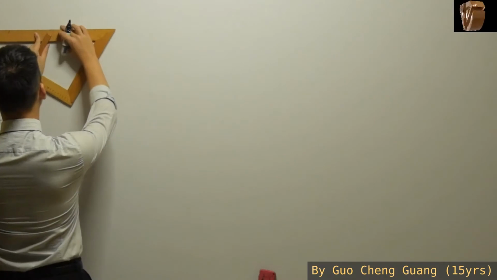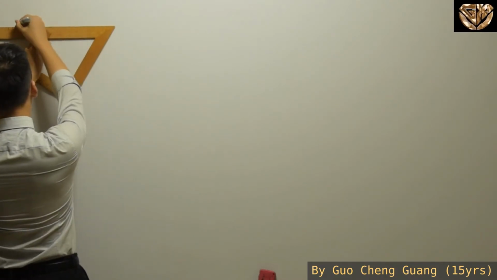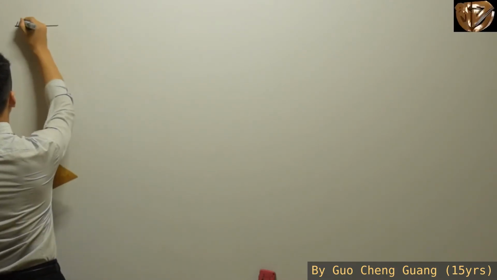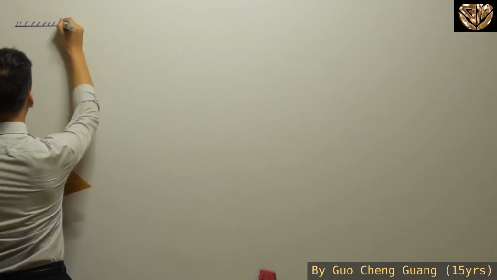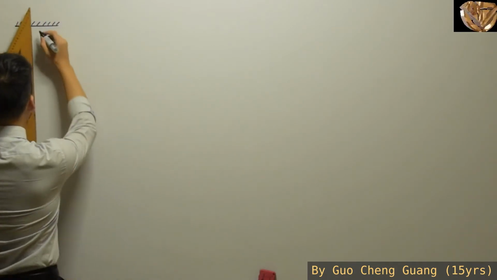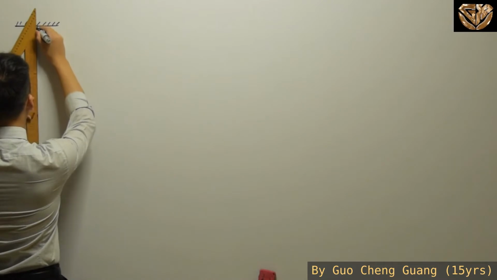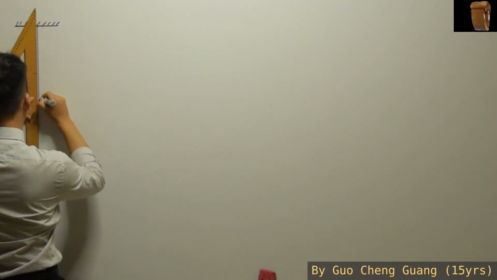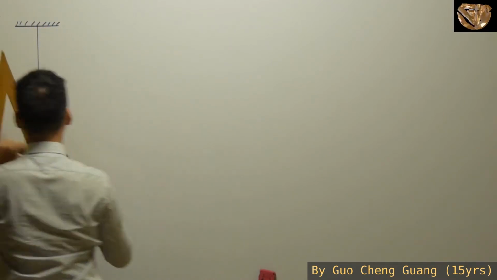Now for here, let's just say our pendulum hangs from a ceiling. So let's just say this is our ceiling, and a pendulum hangs from here. Let's say we have a pendulum like this.